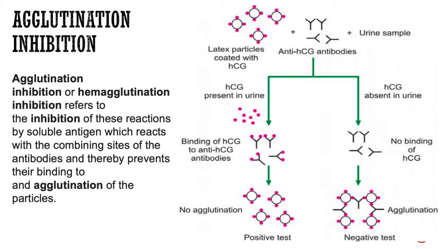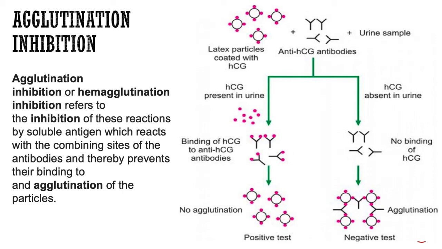And in the case of a negative result, what will happen? In the second case, if the HCG is not present there, anti-HCG and HCG binding will not occur. So these anti-HCG antibodies will not find any HCG in the urine.